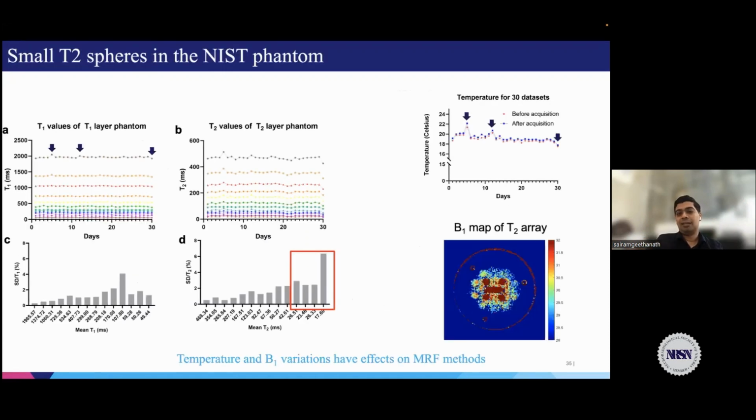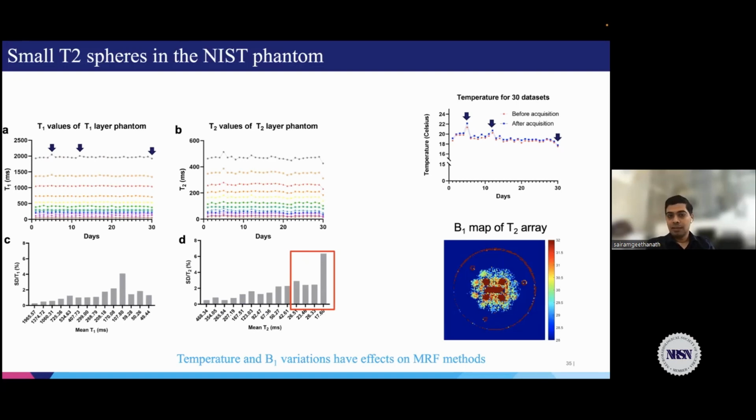So we started delving into why we were seeing this higher coefficient of variation in the smaller values. Turns out that the B1 or the radio frequency field at 3 Tesla is inhomogeneous, and when we prescribe a flip angle of 30, we end up getting more at the center, almost by 2 degrees, that you can see on the bottom right.